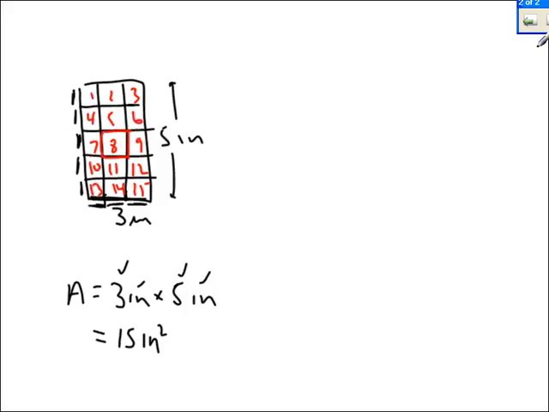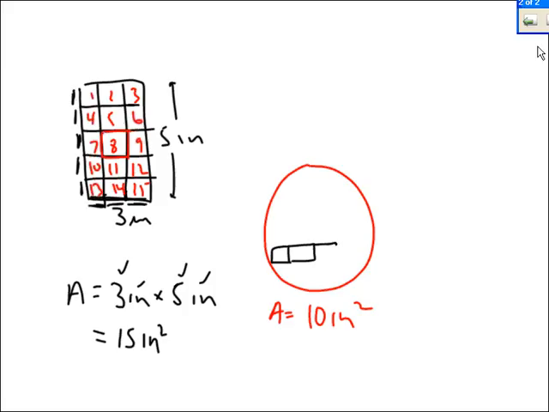Now, what if you have a circle and I tell you the area is 10 square inches? Well, how on earth do you get 10 square inches in a circle? Well, nobody said you have to get 10 complete square inches. I mean, here is 1 square inch, and a second one, and a third one.